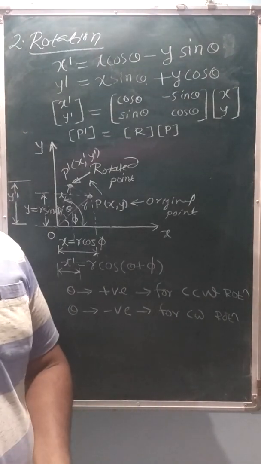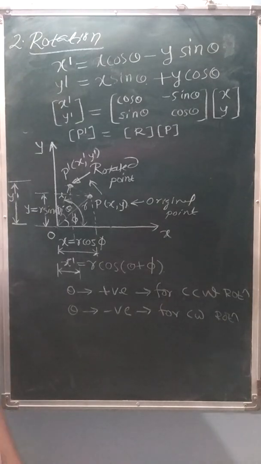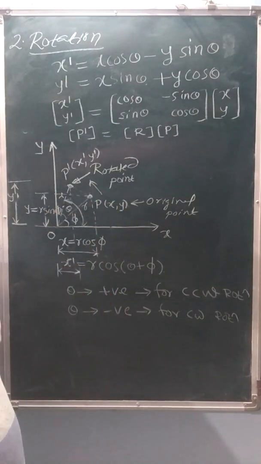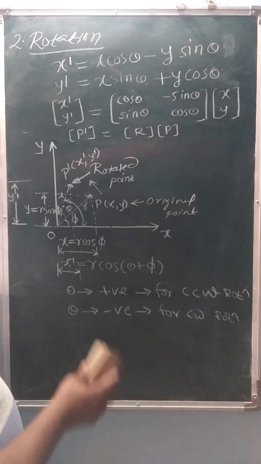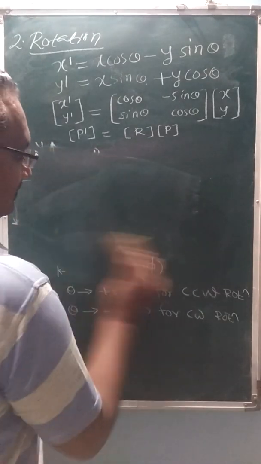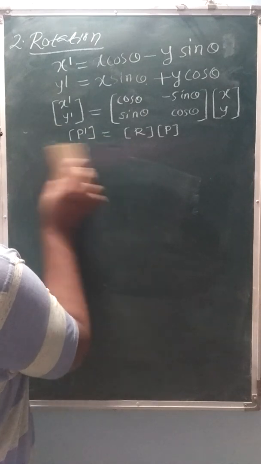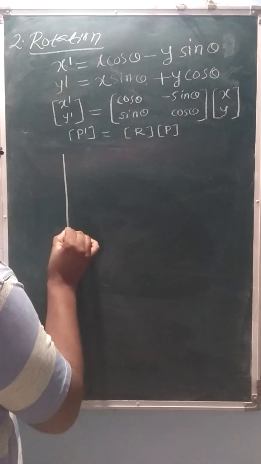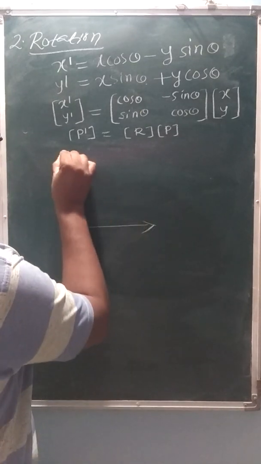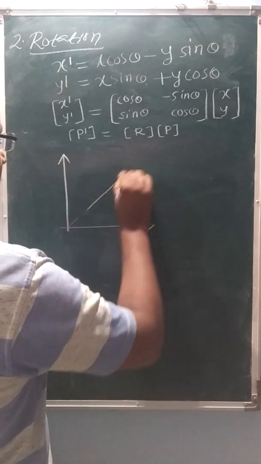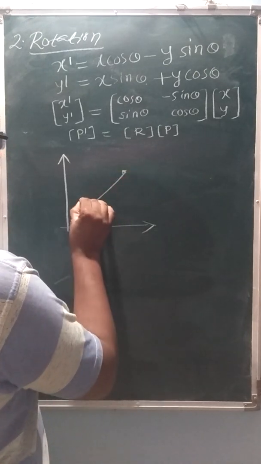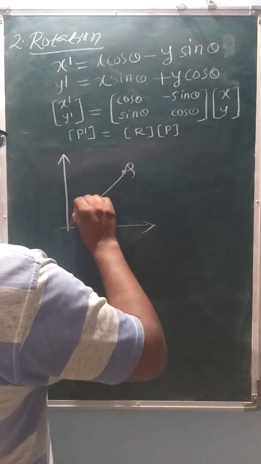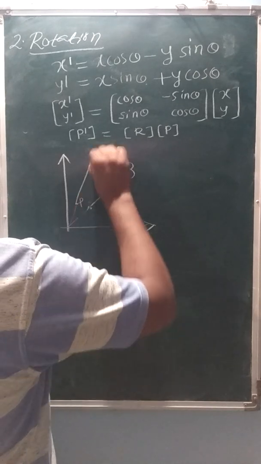Before that, one thing is remaining. Here we have considered a geometrical entity as a point, for the sake of convenience. You can consider a geometric entity as a line, suppose this line PQ, and we rotate it about the origin.